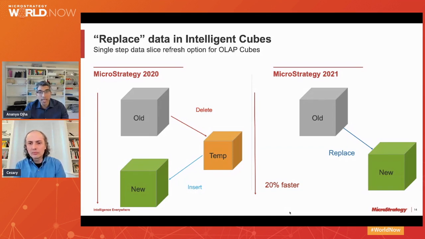Now, this interrupts and frustrates these business users and reduces MicroStrategy's position as a single version of truth in their mind. With MicroStrategy 2021, we have delivered a single-step replace option for BI administrators to go from the old cube cache to a completely new cube cache that has up-to-the-hour batches of data completely refreshed and available for their risk and accounting departments.